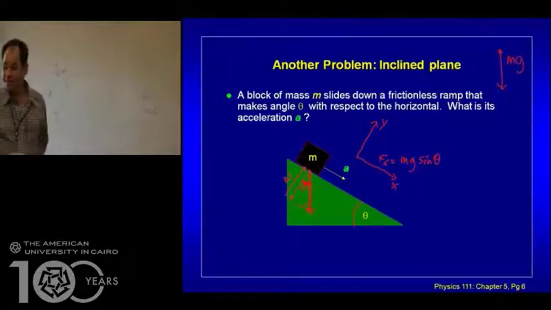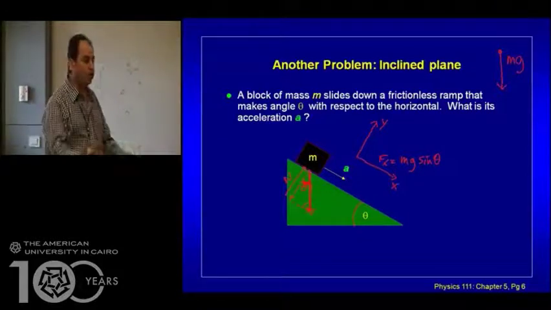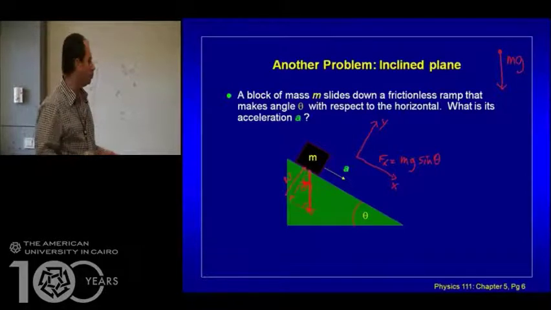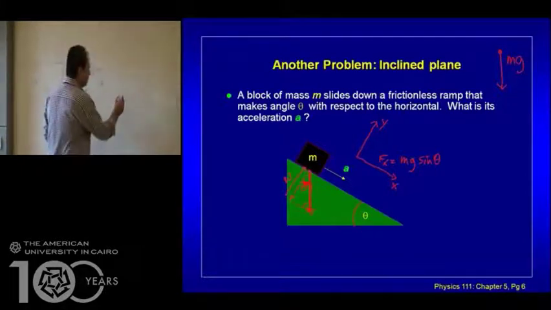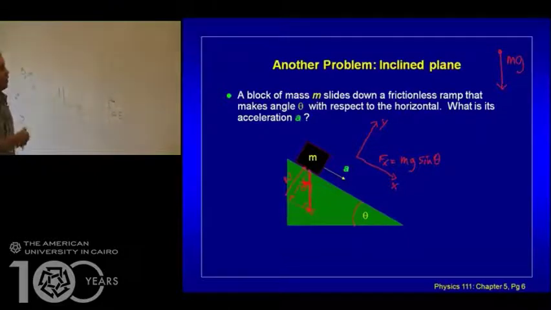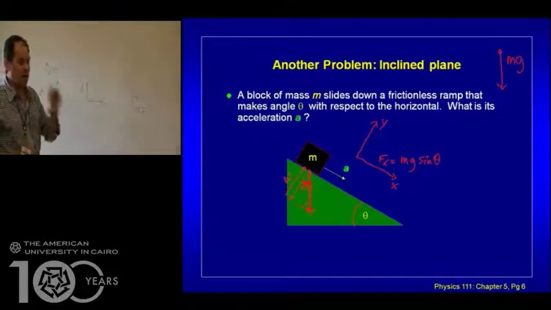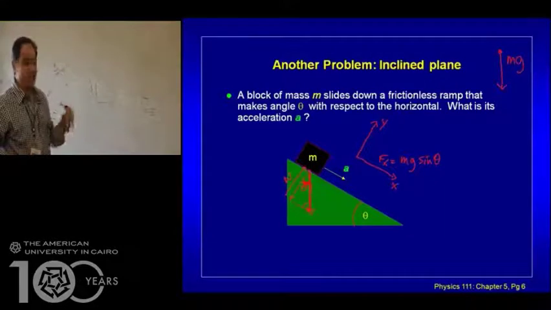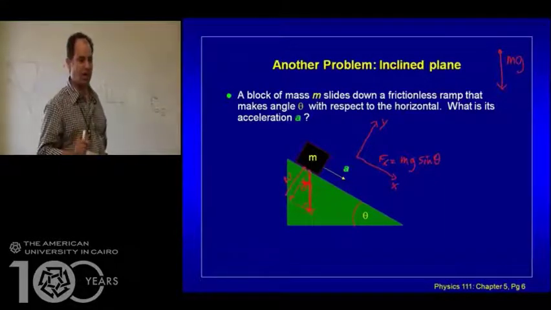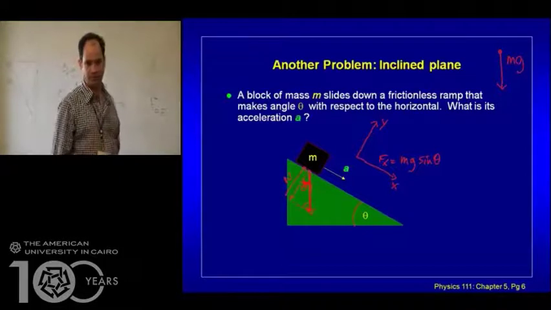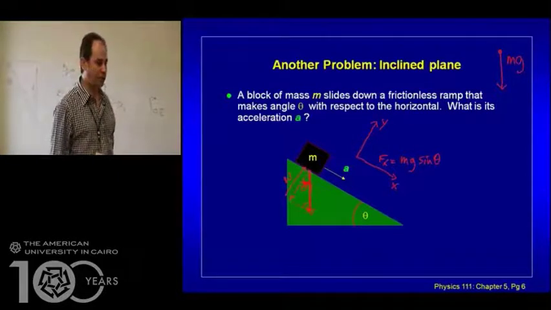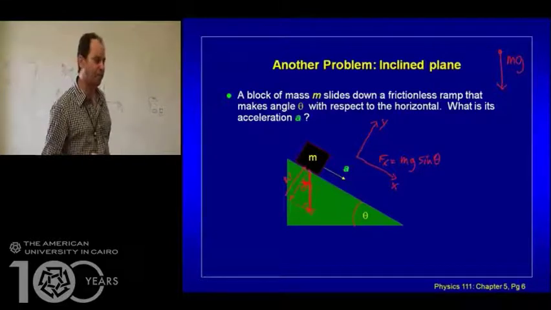Then, now this is the trick part. We have to choose a coordinate system. We used to choose a coordinate system before like this. This is our coordinate system. This is i, this is j. Now if your object is tilted, we choose the x-axis along the direction of the motion, and the y-axis is perpendicular to that.